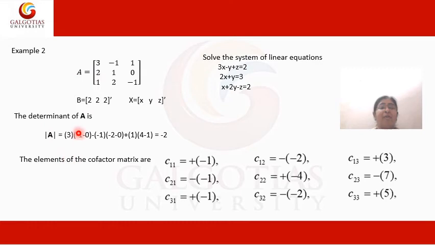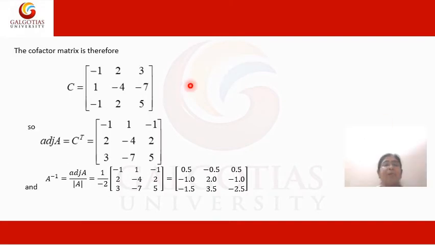The determinant we have already calculated; it comes out to be -2. So the cofactor matrix C is equal to [-1, 1, -1] first column, [2, -4, 2] second column, [3, -7, 5] third column.